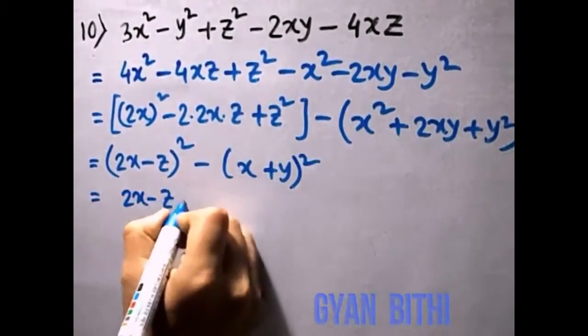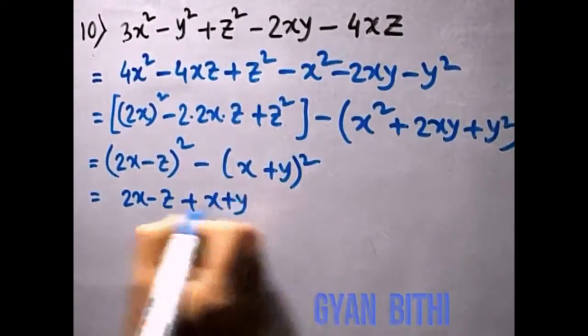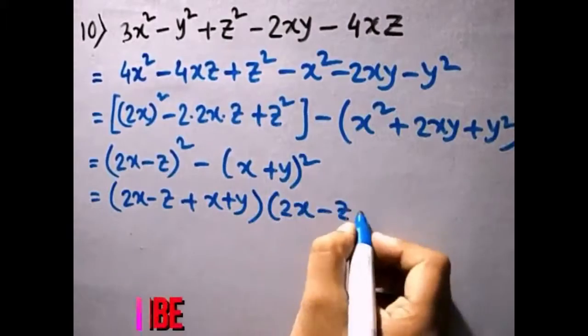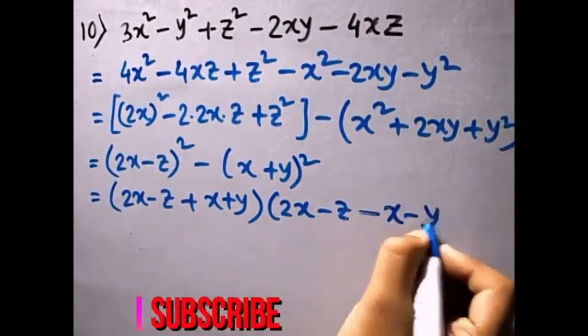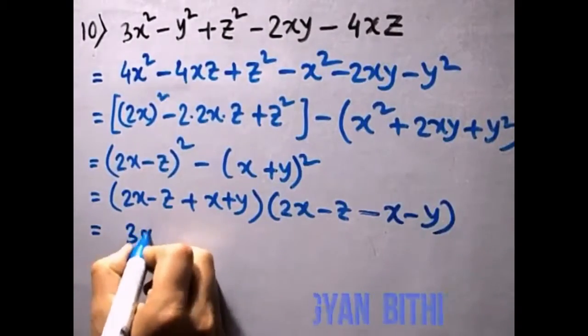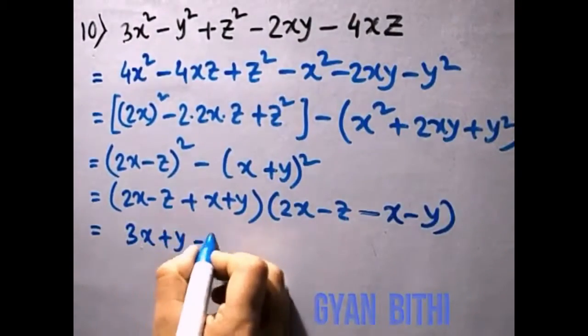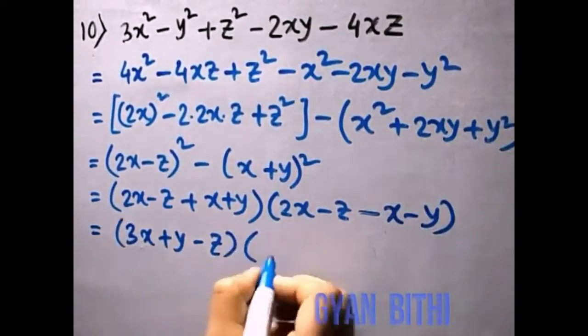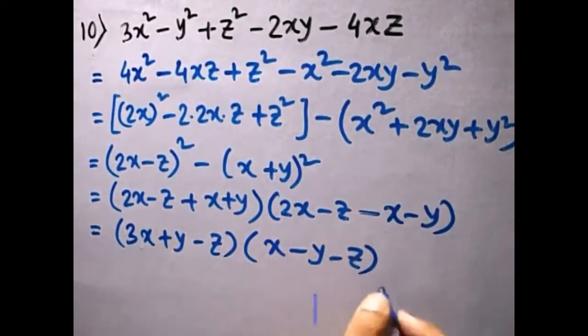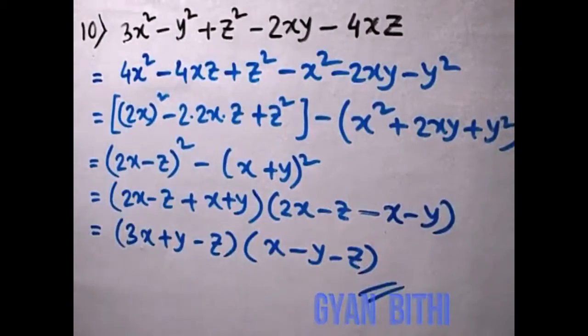So a plus b into a minus b equal to 2x plus x, so 3x plus y minus z into 2x minus x minus y minus z. This is the factorization.